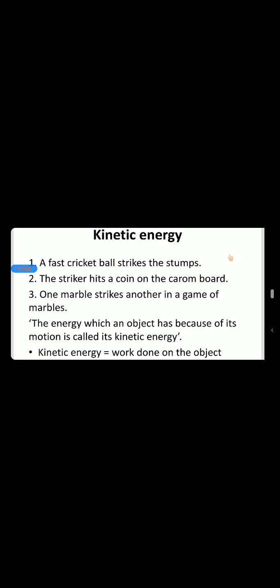Because of that striker. And how? When we hit the striker, we provide energy to the striker. Now the striker is in motion, and when it hits the coin, it gives its energy to that coin, and the coin shifts ahead, meaning it possesses some energy.